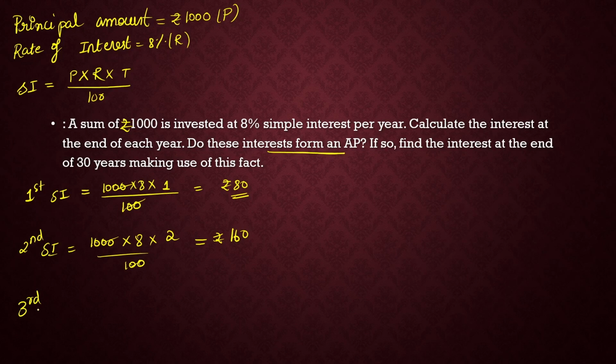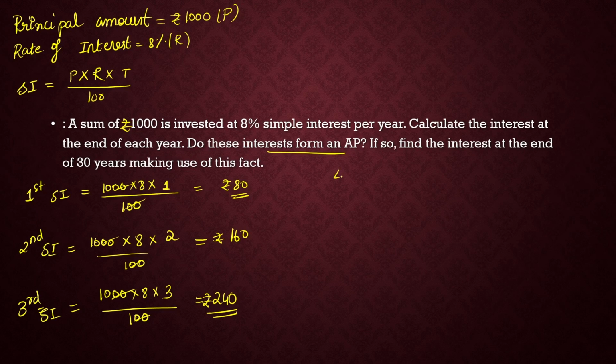So for that, you have to find at least first 4 or first 3. For the third year, the simple interest is equal to 1000 into 8 into the number of years is 3 divided by 100. So that is equal to 8 3s are 24 into 10, 240 rupees, 240.